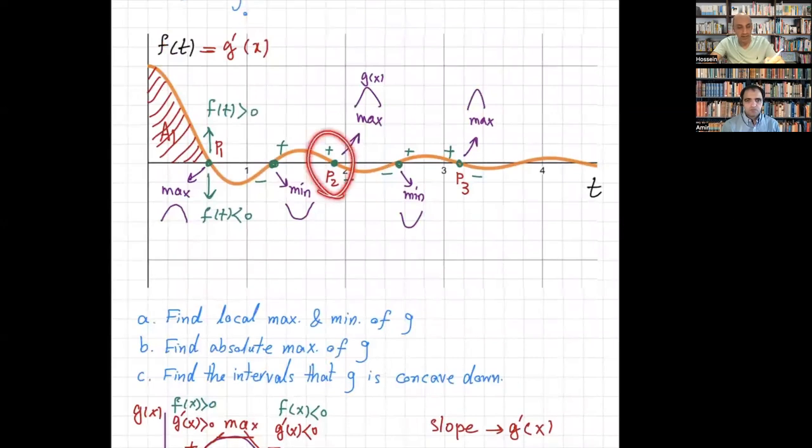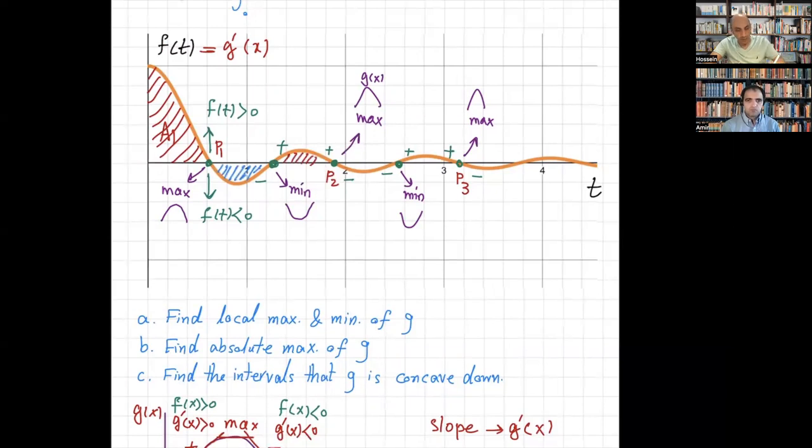Moving to the next point, P2, which is here, I have to add more area to A1 because I have to do integration from t equals 0 to t equals P2. The area I need to add is this area and this area.